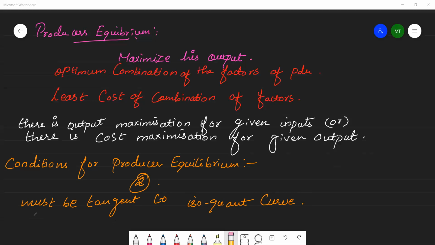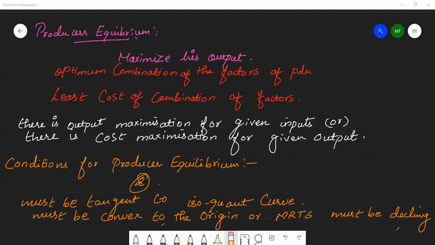The curve must be convex to the origin, or the MRTS must be declining.